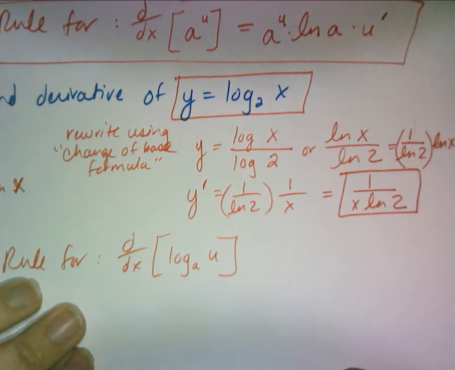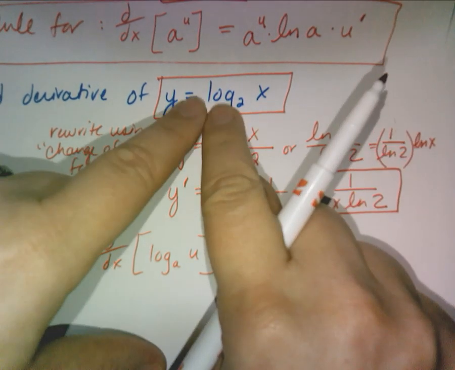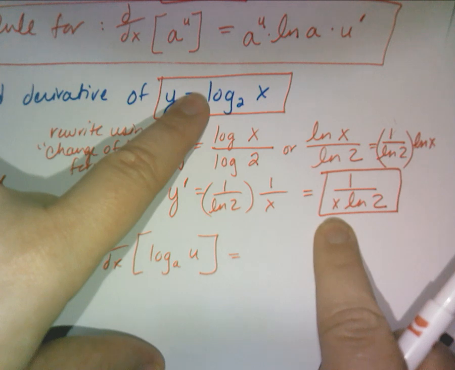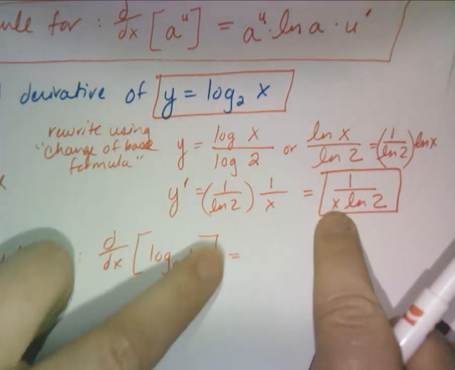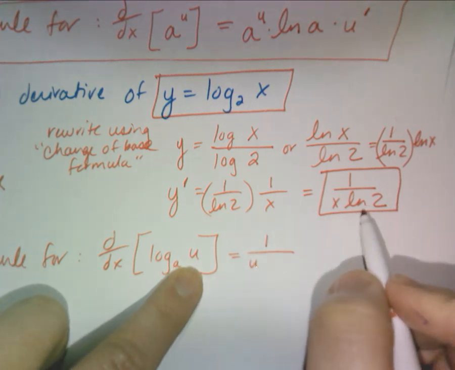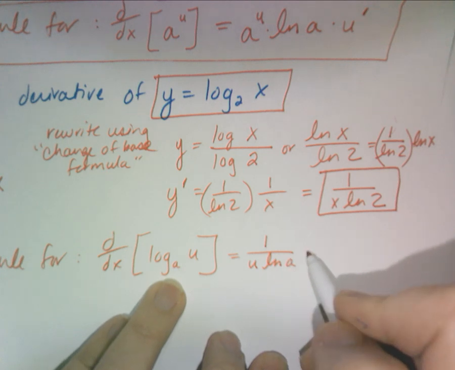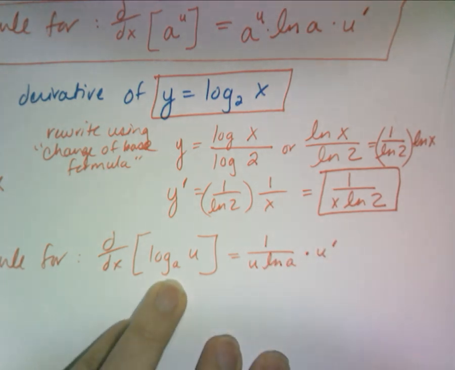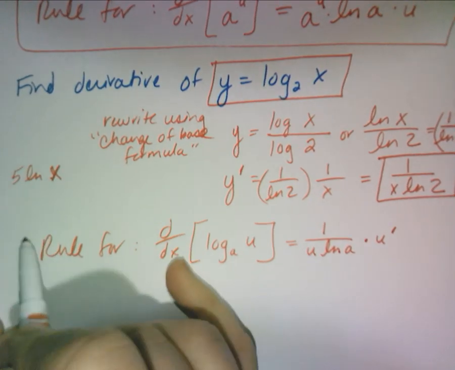Okay, I know it's a lot of letters, and you're like, I'm confused, but here's my log, here's my a, here's my u, here's what I ended up with. So 1 over what? u times ln of a, and then don't forget the chain, which some books have on top. Okay?